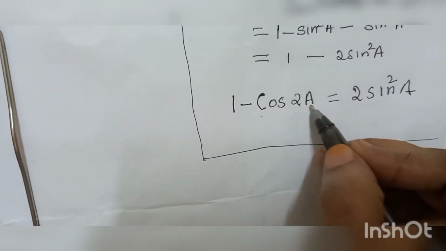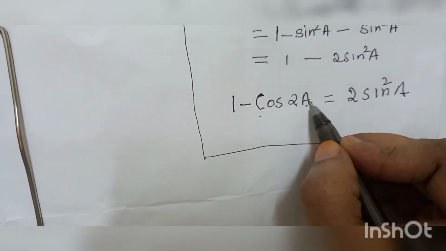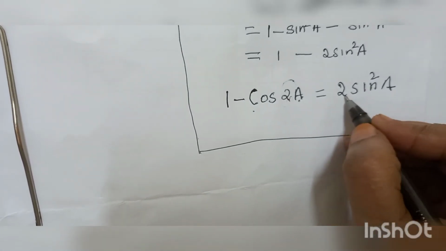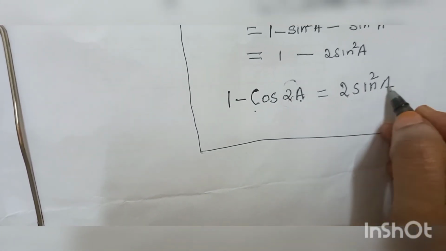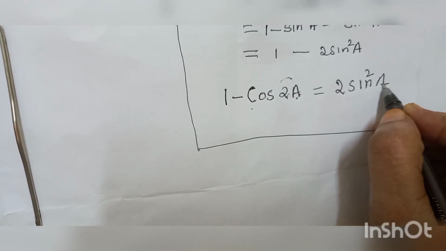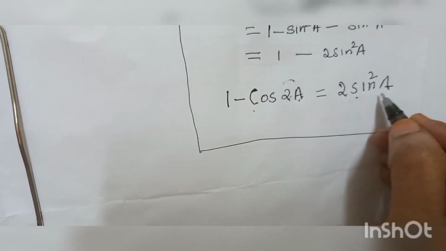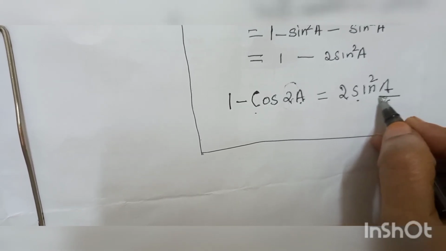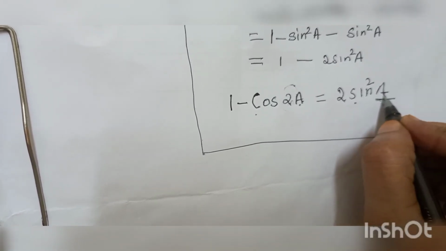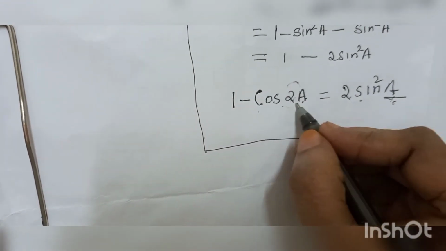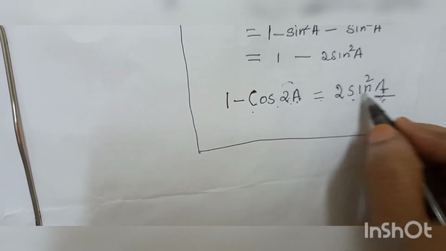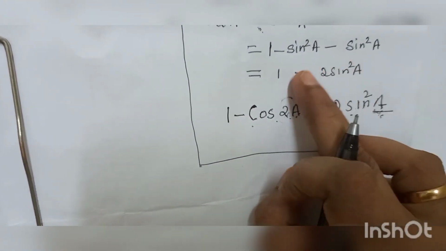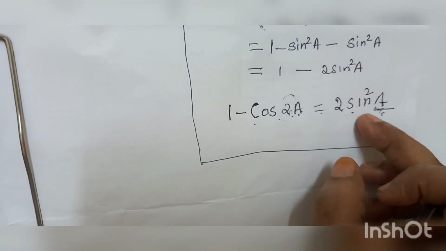So we can write 1 minus cos 2a is equal to 2 sin square a.